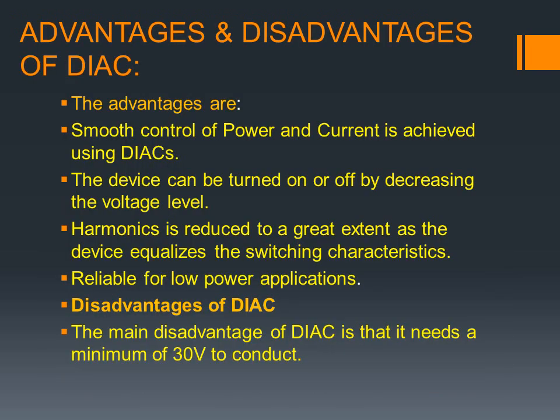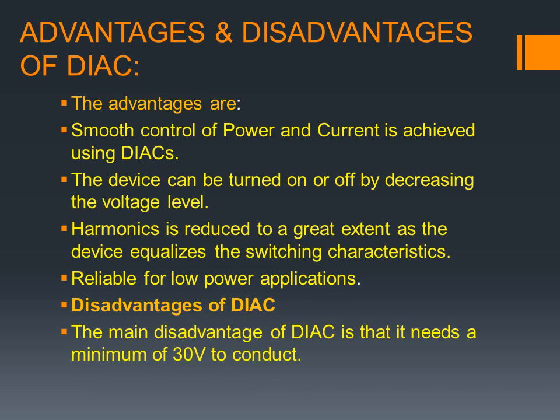Now, the advantages and disadvantages of diac. The advantages are smooth control of power and current is achieved using diac. Then the next, the diac can be turned on or off by decreasing the voltage level.